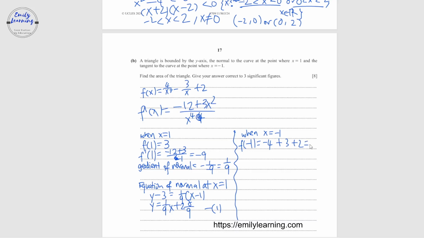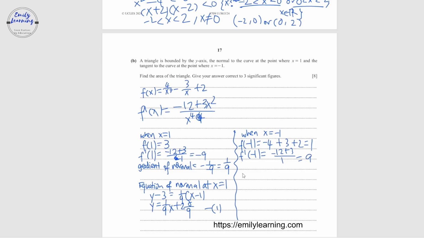So it will give me a value of 1, right? My f prime negative 1 will give me minus 12 plus 3 over 1. So it will give me 9. Yes, it's 9.